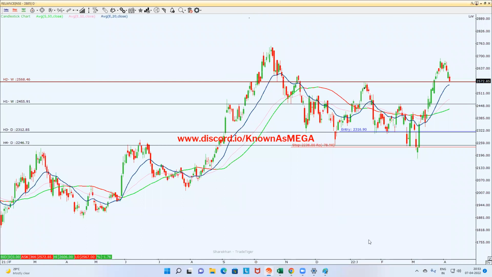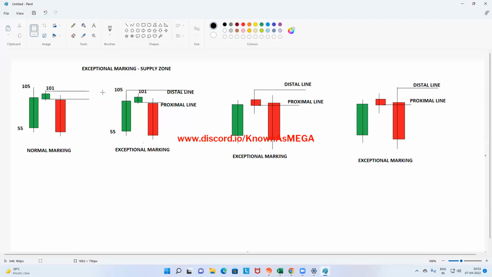Okay, we will see exceptional marking for continuous patterns. Take a screenshot of this. Please confirm once done.